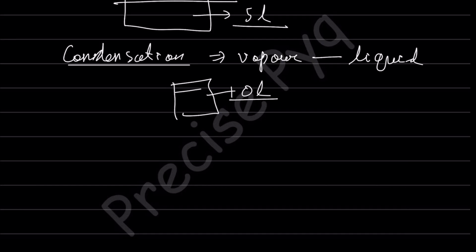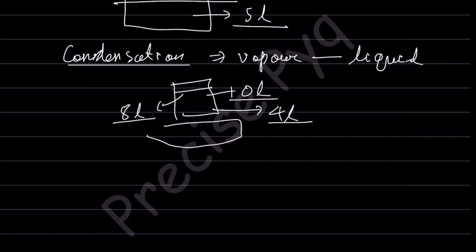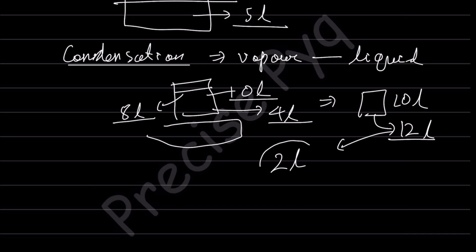It has 8 liters full, that is, its absolute humidity is 8 liters. Now it moves over an ocean and 4 liters of water is added to this air parcel. So its capacity is 10 and 8 plus 4 is 12 liters. So now 2 liters of rain will occur in that area.